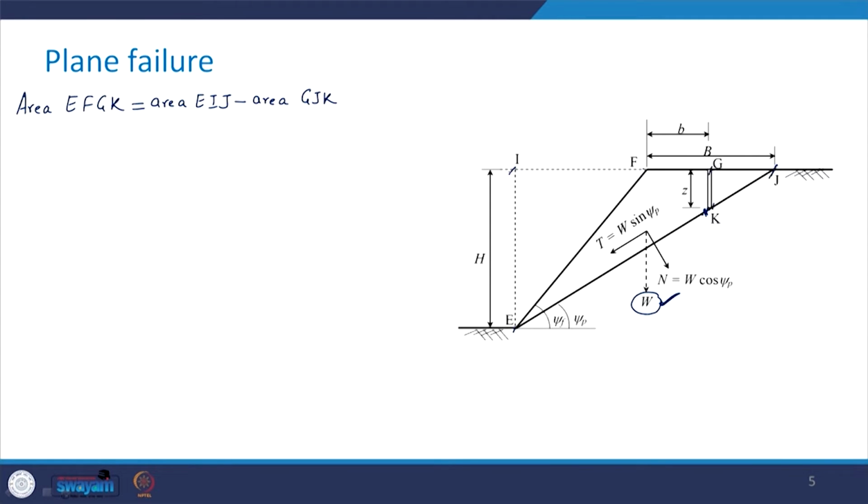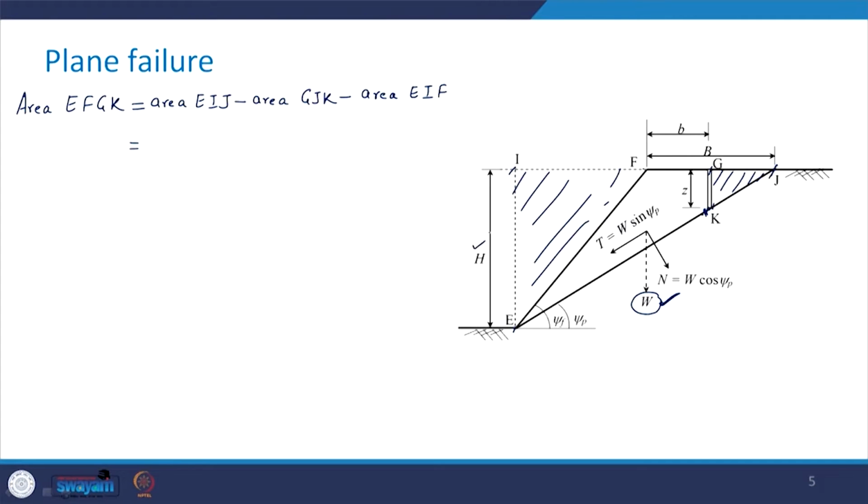So, from this complete area, I am removing this area. But I am still left with this total area, so I have to do away with this area as well in order to get the area EFGK. So, I will have another term minus area EIF.